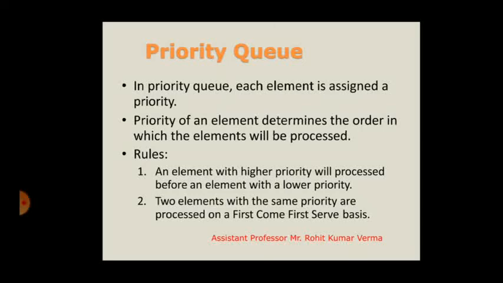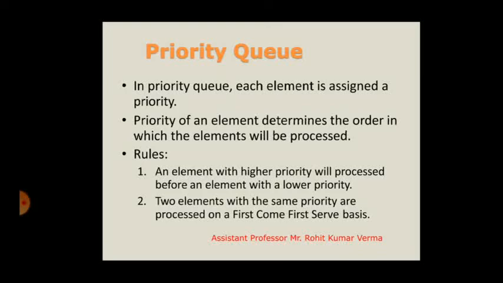So dear students, in case of priority queue, two things are always to be remembered. An element with higher priority will be processed before an element with lower priority. I think this is clear. An element with higher priority will be processed before an element with a lower priority.